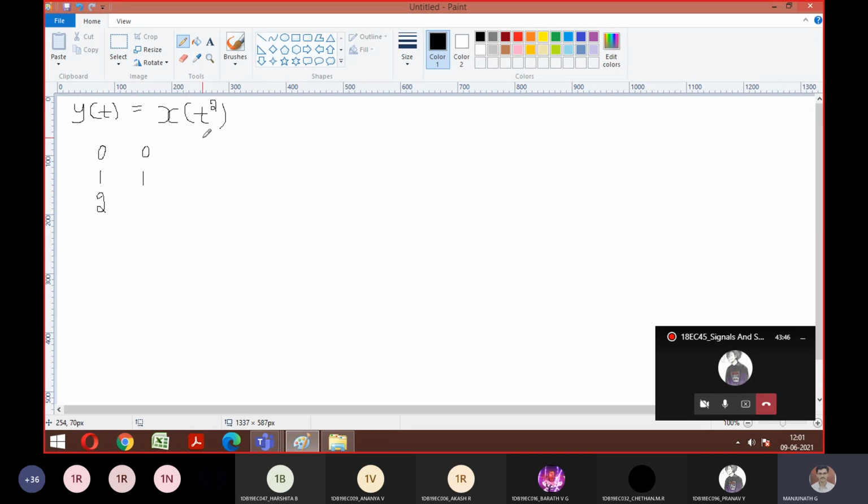If I give t is equal to 2, I am getting t square, that is 4. Then if I give 3, it is 3 square, which means 9. Do you think it is getting future values now? If you have the capacity to store the future values, it means it is having memory. So we can conclude it is dynamic.